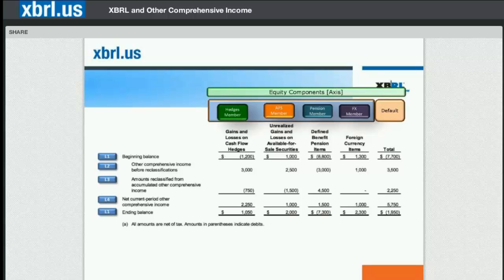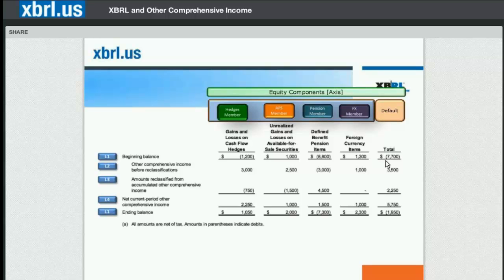Domain members appear on the equity components axis, as reflected in the taxonomy, as structured in the US GAAP taxonomy. Default over here means consolidated amounts that would have to be tagged to fact elements outside the dimension if they do not flow through from being tagged elsewhere in the instance document.